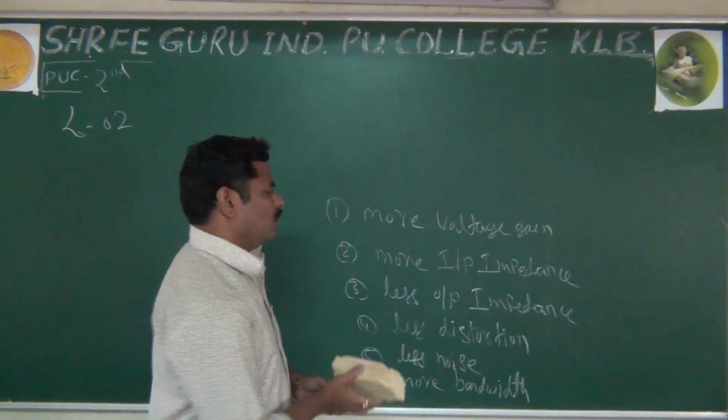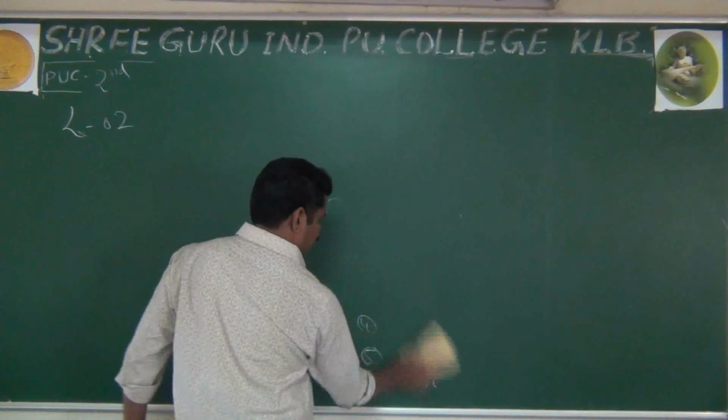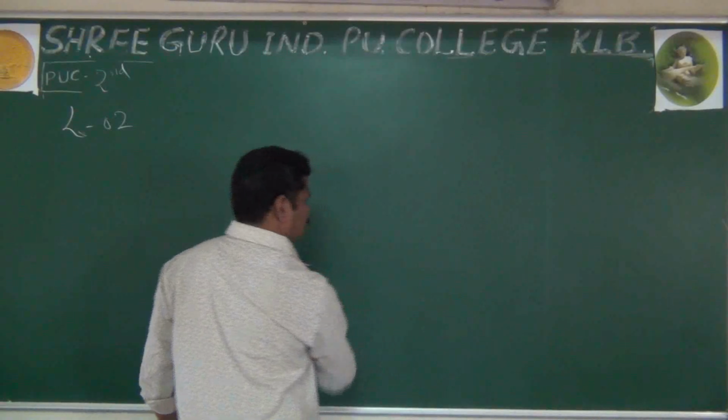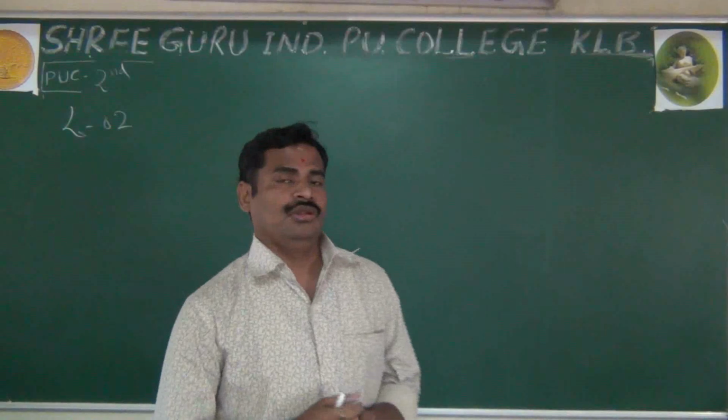And basically the op-amp consists of transistors, resistors, capacitors and diodes.